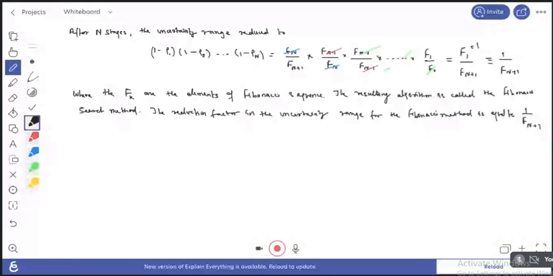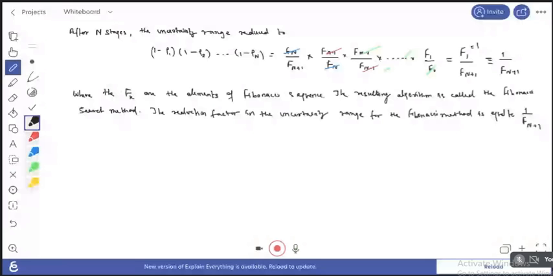Consider the same function: f of x equals x to the power 4 minus 14x cubed plus 60x squared minus 70x.